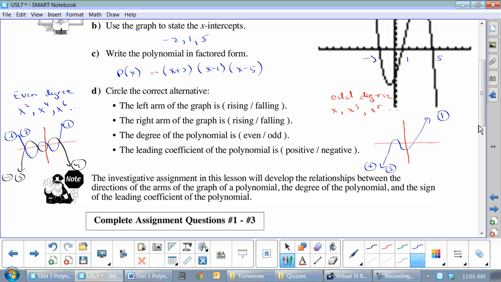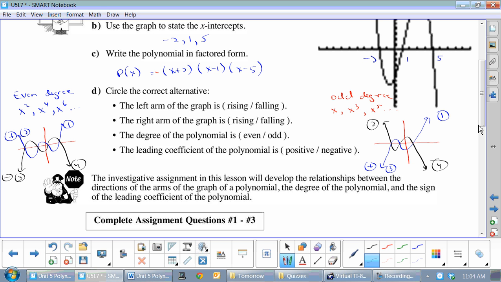So hopefully you have different colored pens, because maybe if you have yours in pencil, this is going to look pretty weird, or maybe you'll just remember these notes. Okay? Now, if it is odd degree negative, it will always start in 2 and end in 4.